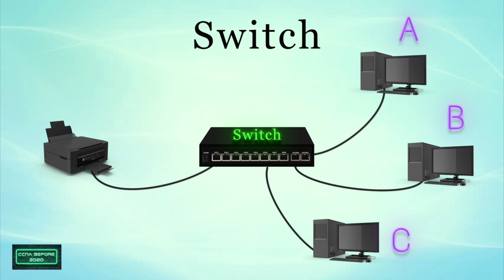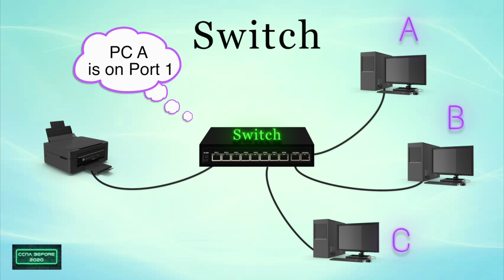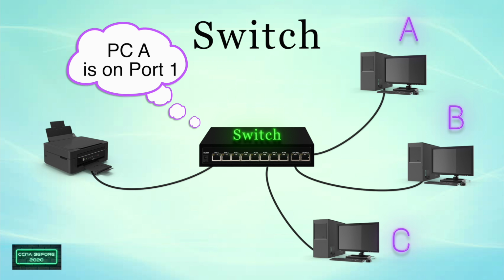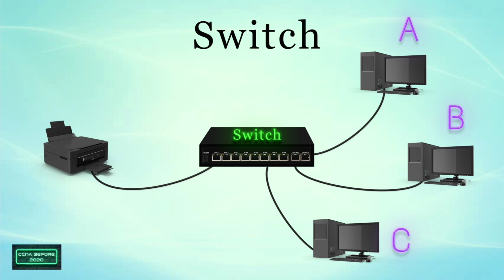Like a hub, a switch also connects computers to each other. However, a switch is going to handle data packets differently. This is because a switch is a more intelligent device and is able to learn MAC addresses of the devices connected to it. When a switch receives a packet of data, it's going to determine what computer or device the packet is intended for and send it to only that computer.